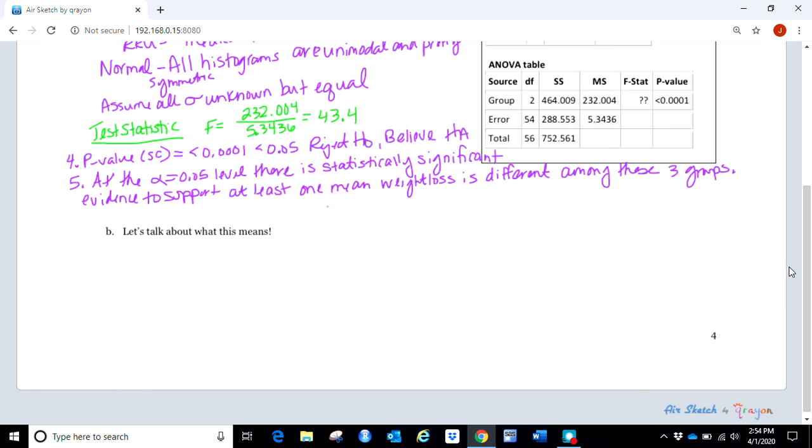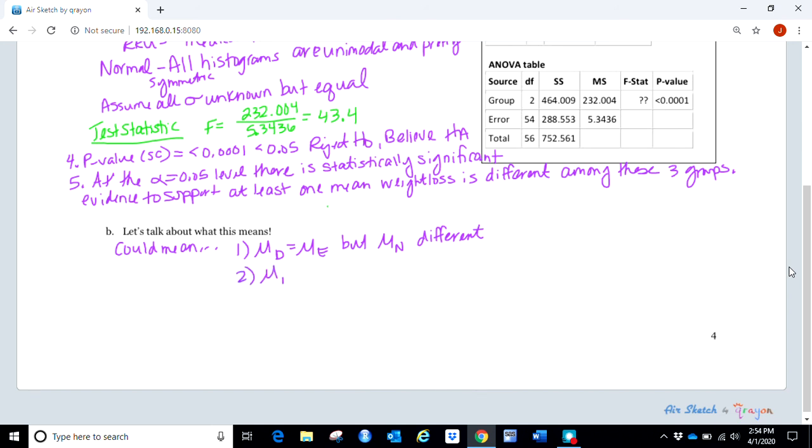So what could this actually mean? It could mean that dieting and exercising are equal to each other, but doing nothing is different. That falls into our category of at least one mean being different.